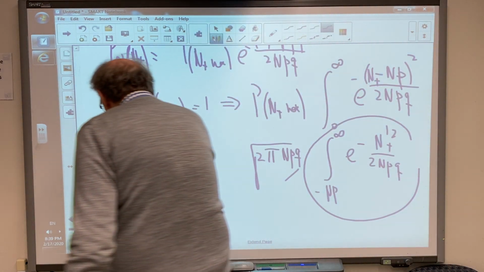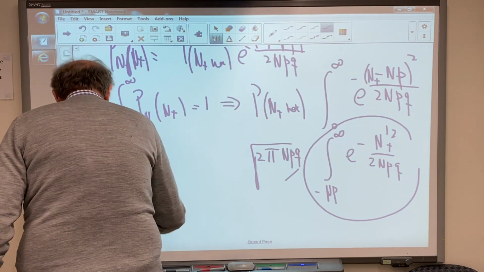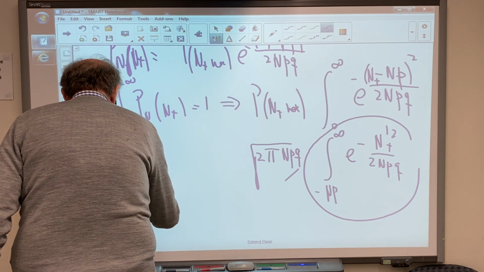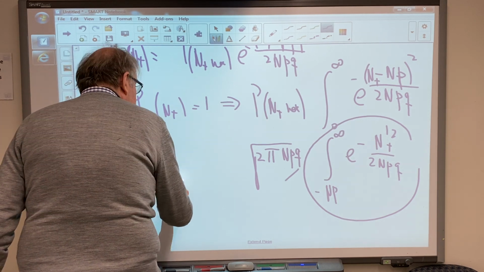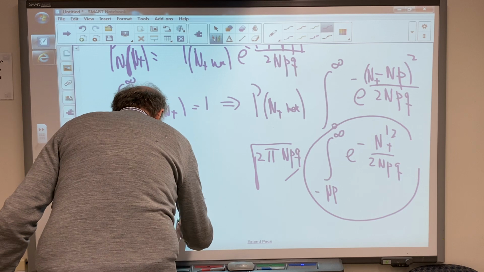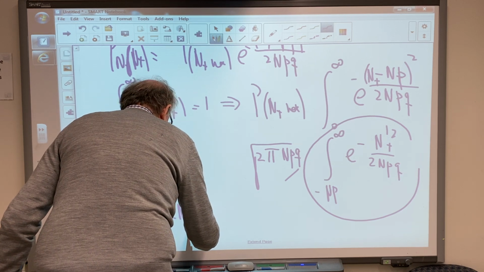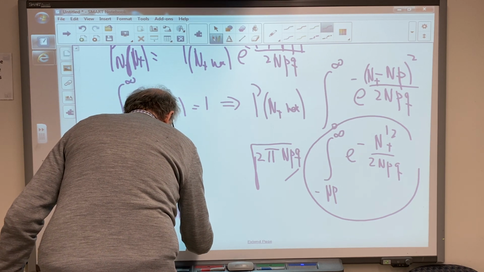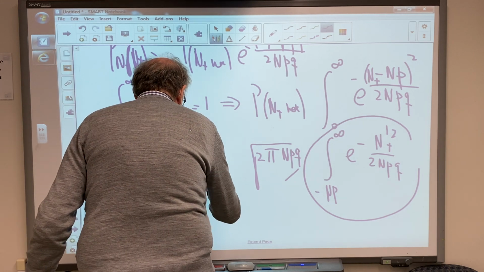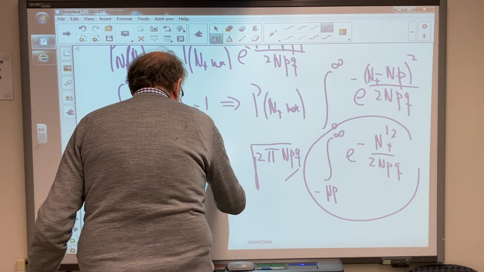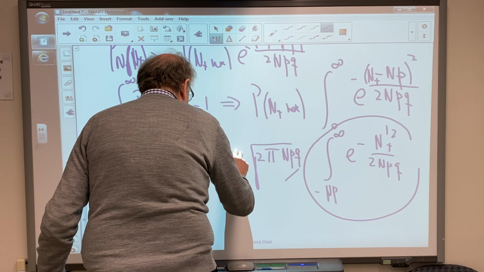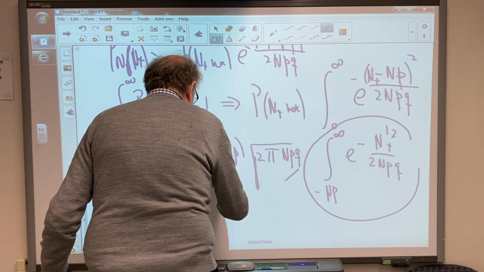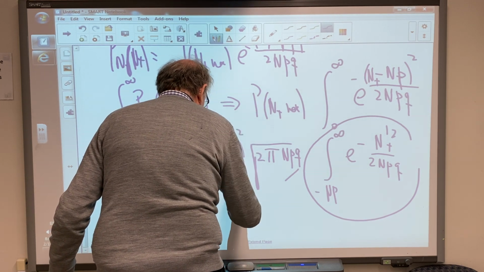So now we finally got P_n of n plus is 1 over the square root of 2 pi npq, e to the minus (n plus minus np) squared over 2npq.